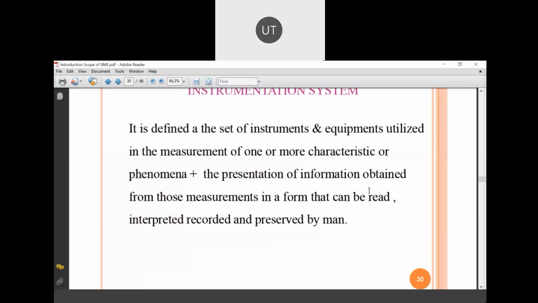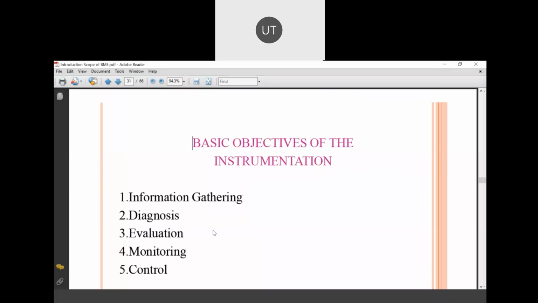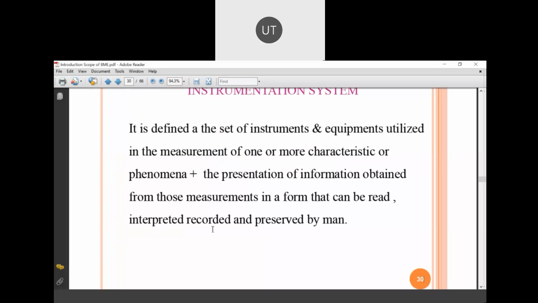Okay. So you can read means you can know what the signals are. You can interpret the signal. So based upon the different waveforms, what is the normal waveform, what is the abnormal waveform, that you can record, and that data can be logged in the computer, and later on you can compare that data with the latest data of the human being.